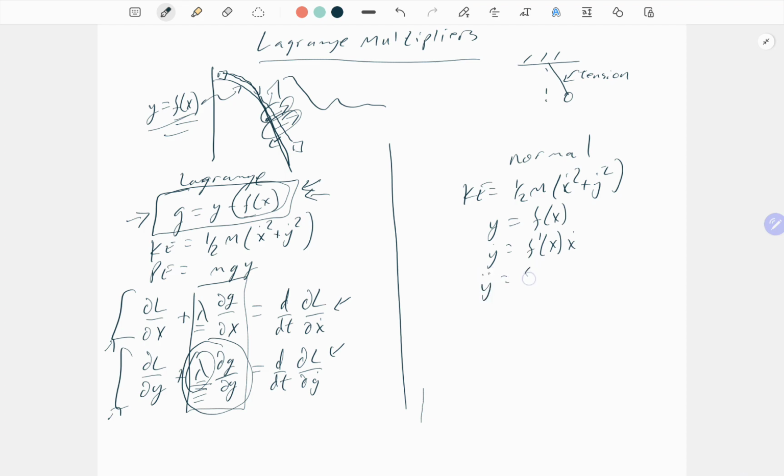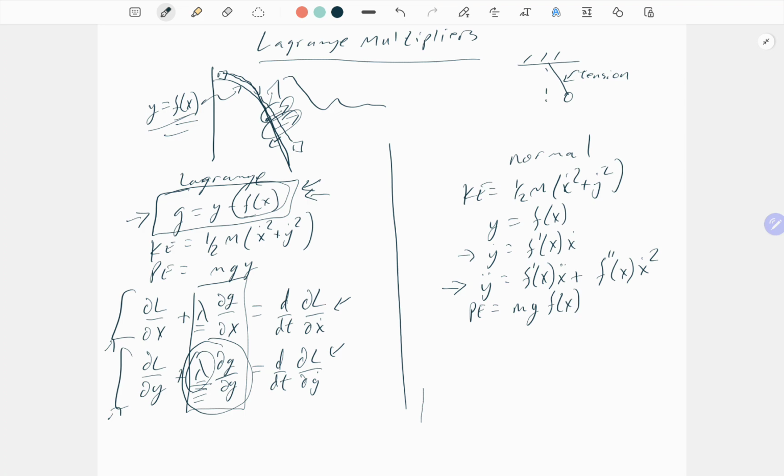It's f prime of x, x double dot, plus f double prime of x, x dot squared, right? So I only need y dot for this kinetic energy. You know what? I'm not 100% sure I'm going to need y double dot. I don't know why I did that. We'll see. And then potential energy stays the same, except you would write it with the f of x. You'd say mg f of x.